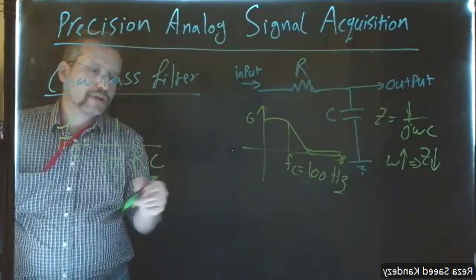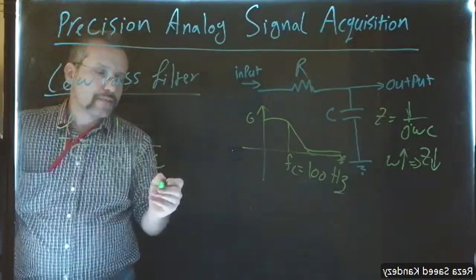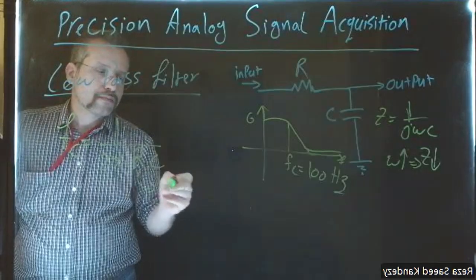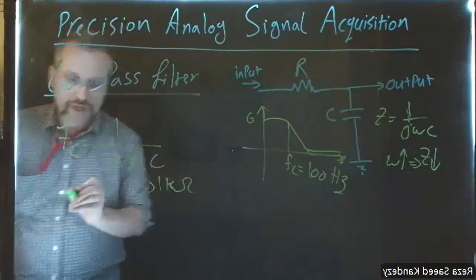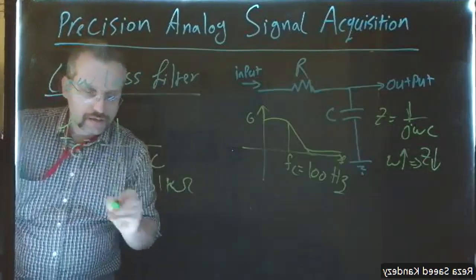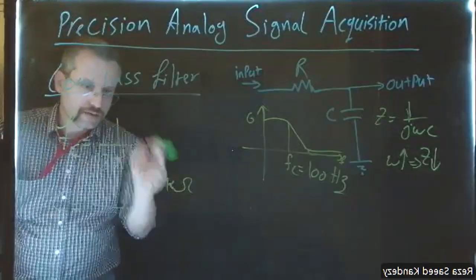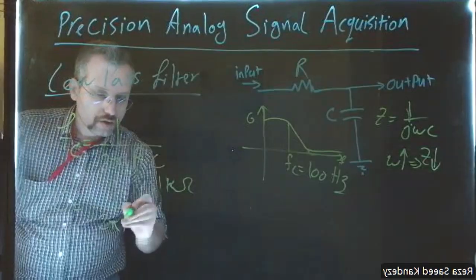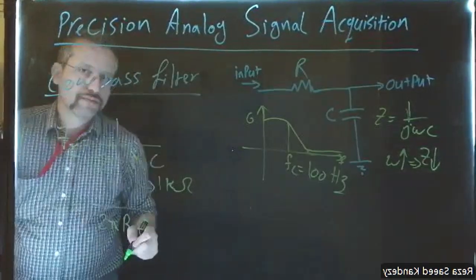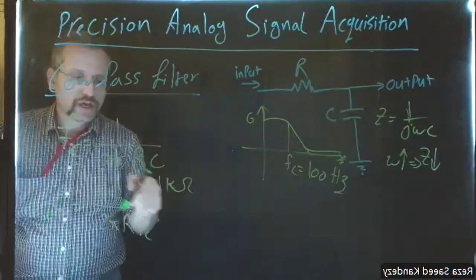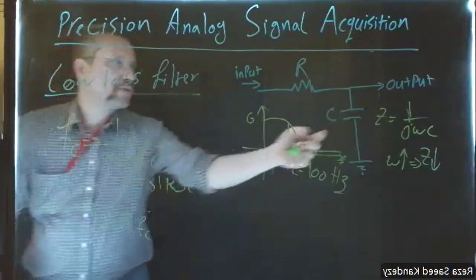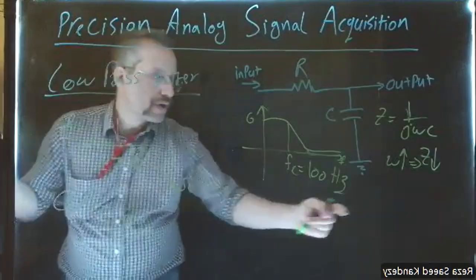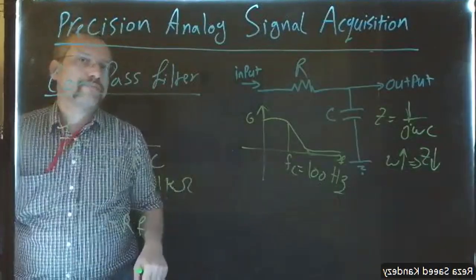For example, if you set the resistor at 1 kilo ohm, now you can calculate the C based on this equation, which is 2 pi R F of C. This way, you can calculate what kind of capacitance you need for this resistor, so you have a cutoff frequency of your desired value.